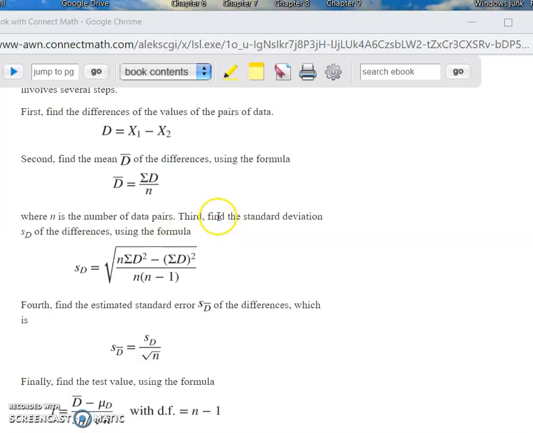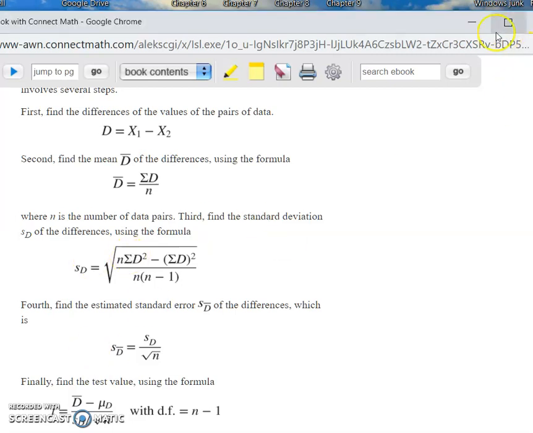In the book he says, find the standard deviation S sub D of the differences. So in the book he's saying S sub D. Makes you crazy, but that's just the way it is. You see this all the time in the literature. The notation that people use is going to be a little bit different from one place to another. You just have to understand the concepts, and then you'll be okay.